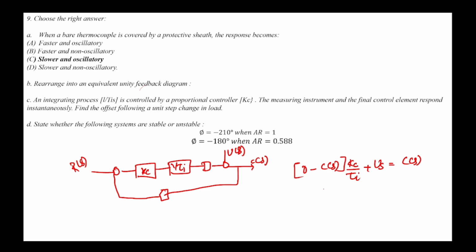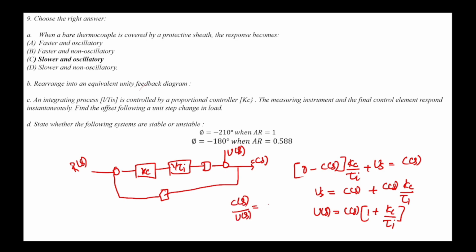Okay, this will be the transfer function. This will give Cs upon Us. So Us is equal to Cs plus Cs Kc upon tau I s, so Us is equal to Cs times (1 plus Kc upon tau I s). So Cs upon Us is equal to 1 upon 1 plus Kc upon tau I s.